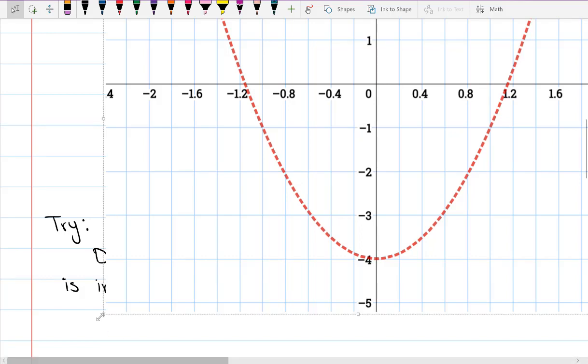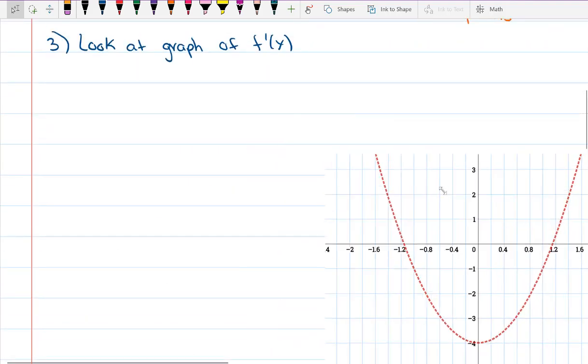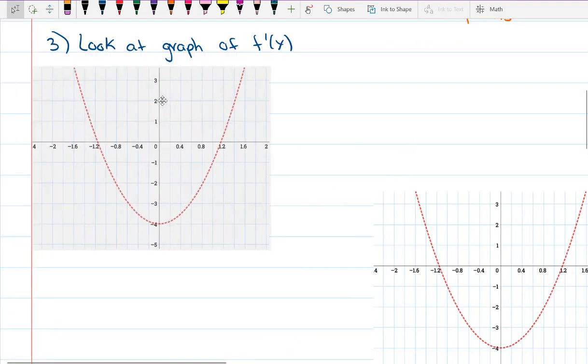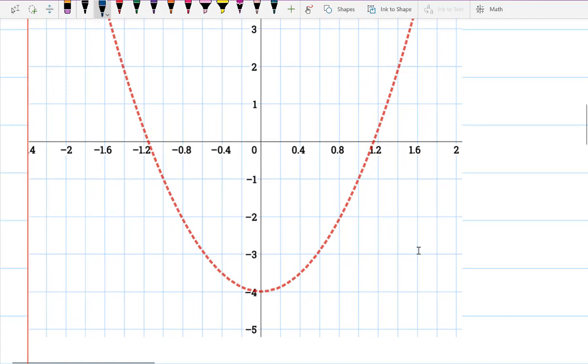Make the graph a little smaller. Okay. So what we want to do then is look at the derivative. So right here, this is 2 over radical 3, and this is negative 2 over radical 3.